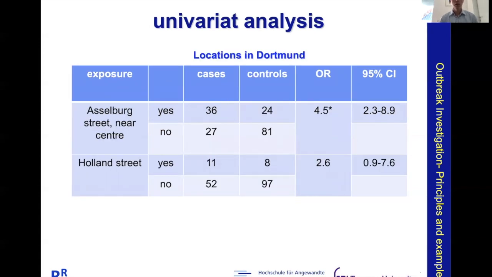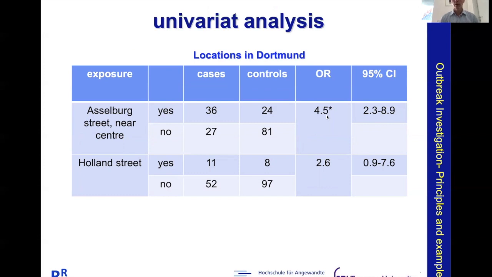Okay, let's have a look at other locations. For example, if you went to Asselburg Street near the center, not if you lived there, but if you went there during this period of time, oh wow, we see the odds ratio is 4.5.